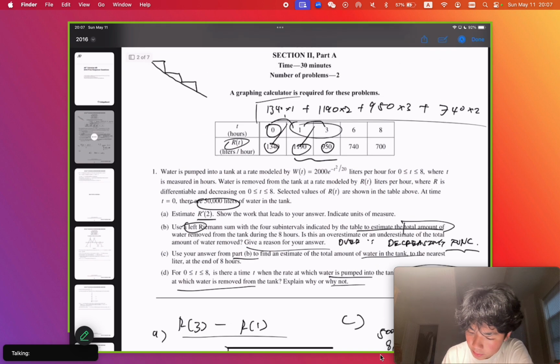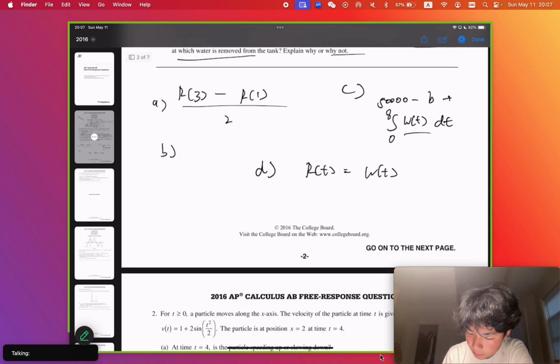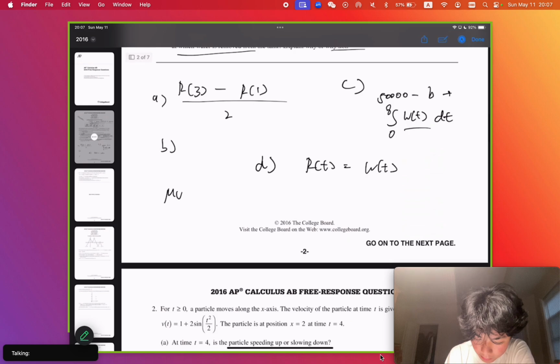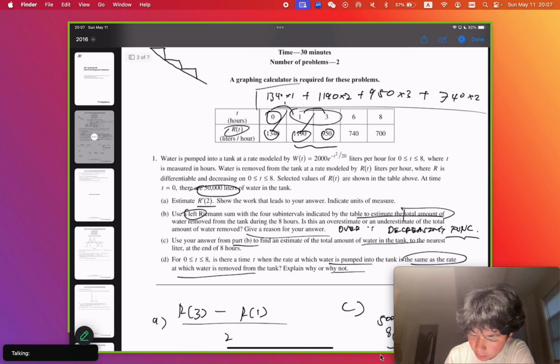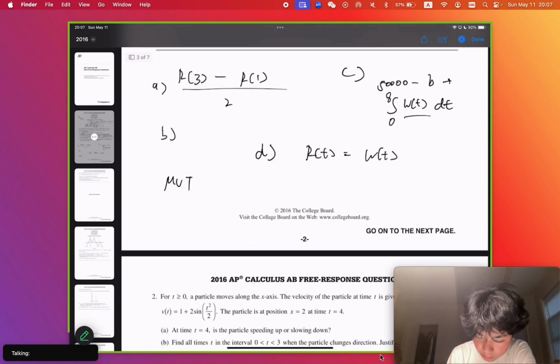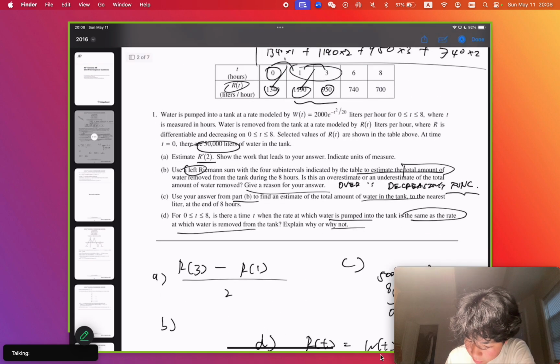Okay, we can do this. For sure, maybe we have to use the MVT, because there has to be a point where, wait, this is the rate of change. Oh my god. Hold on. Let's see.